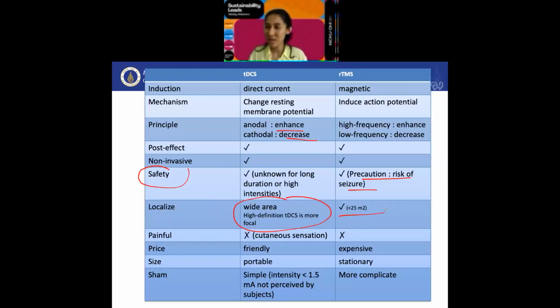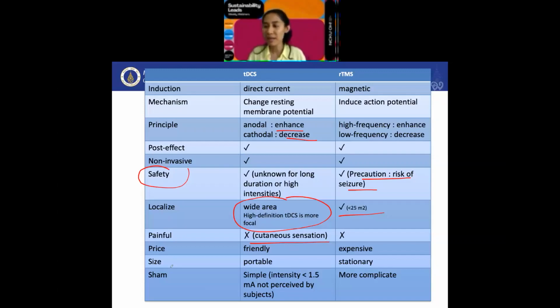This is an advantage of rTMS. Pain-free, well, not pain-free. The price is friendly compared to TMS, very friendly, I would say. And the size is portable, I showed you that you can carry it with you.